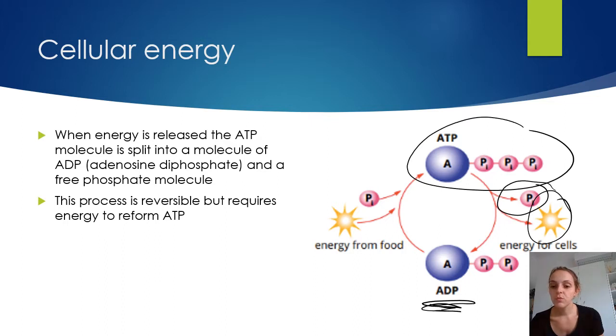It's more efficient to replenish the phosphate and re-break that third phosphate off again. And so the energy from our food then gets used to power a phosphate being re-added to make ATP again. The process of adding phosphate back to a molecule is called phosphorylation. So you will hear that throughout the PowerPoints as well.